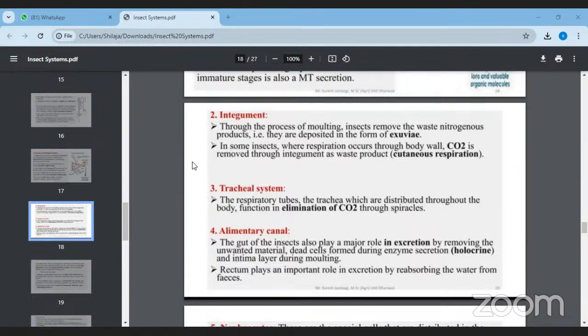Rapid excretion means the role of the Malpighian tubules is greater. Sometimes some insects benefit by keeping the toxicants inside the body.